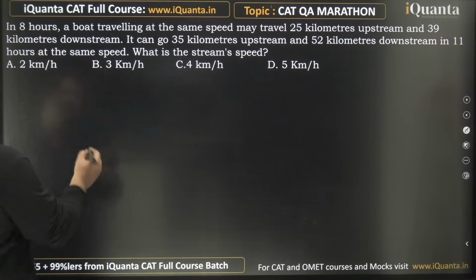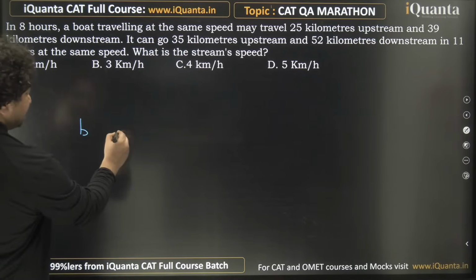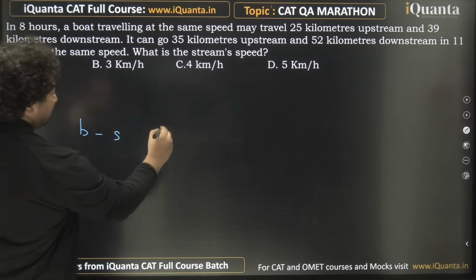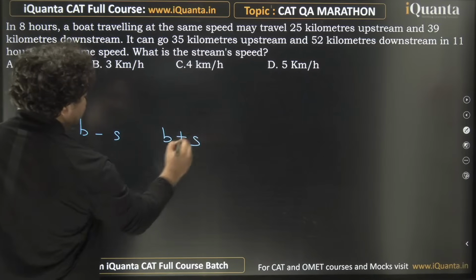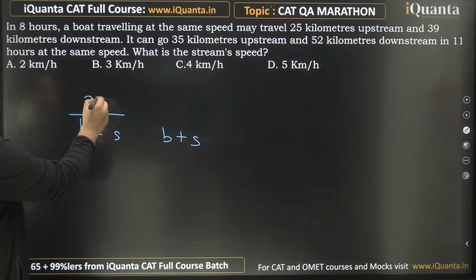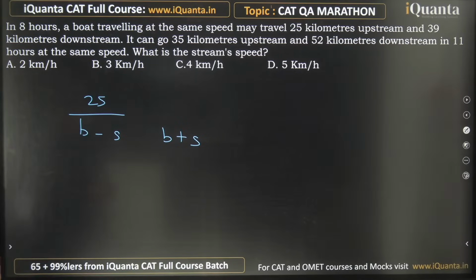So let me assume that the speed of boat is b and the speed of stream is s. So upstream is b minus s, downstream will be b plus s. While going upstream, that is 25 kilometer, if I divide distance by speed, it will be equal to time.